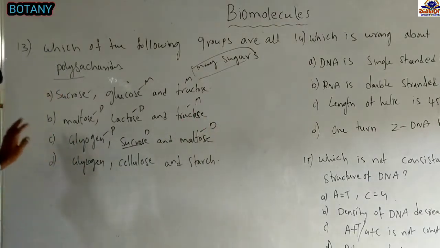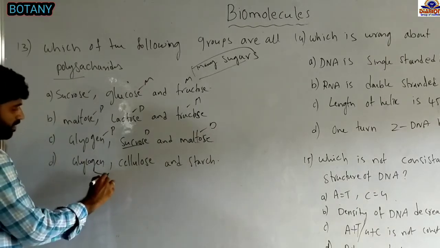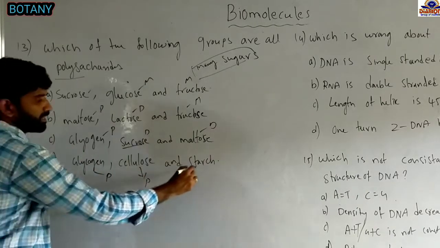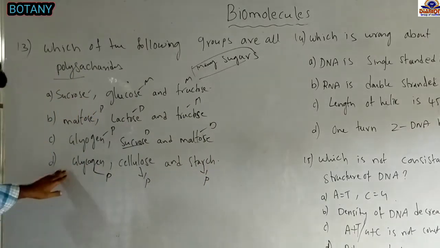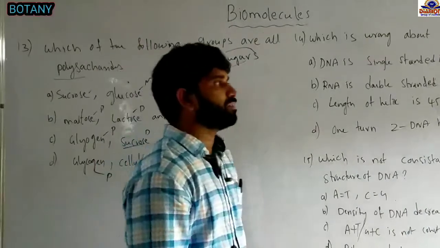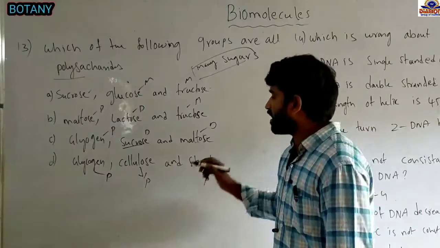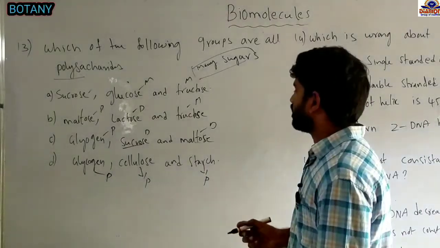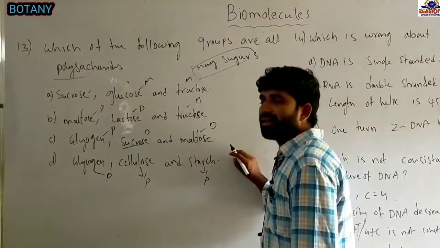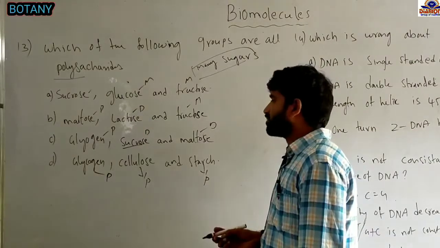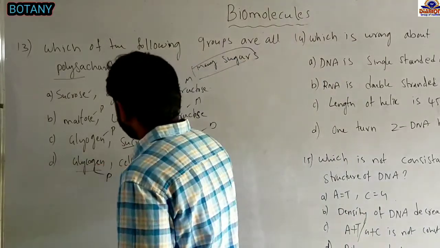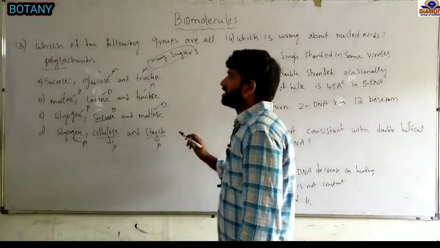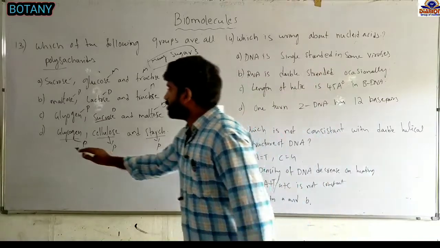Glycogen is a polysaccharide, cellulose is also a polysaccharide, and starch is also a polysaccharide. In option D, glycogen, cellulose, and starch are all polymers of glucose, and these glucose molecules are connected together by 1-4 glycosidic bonds. So option D contains polysaccharides. The answer is D.